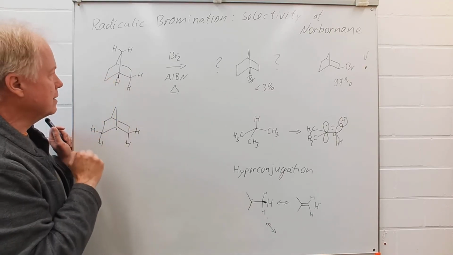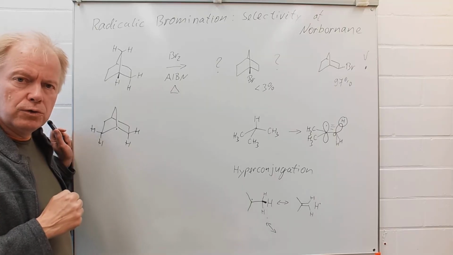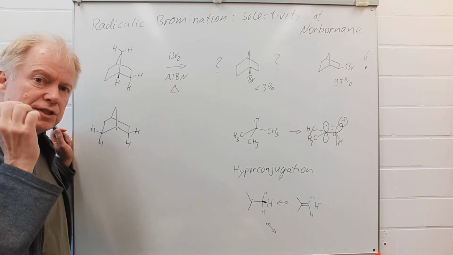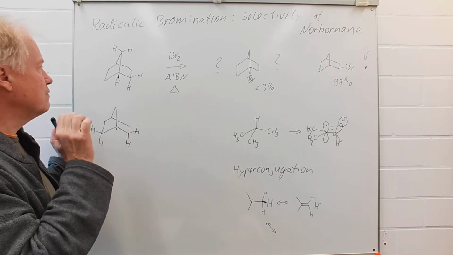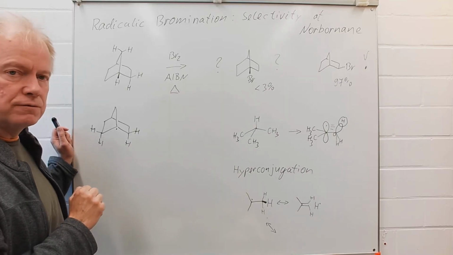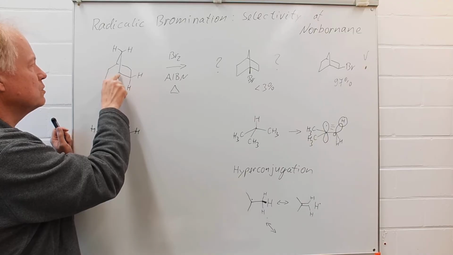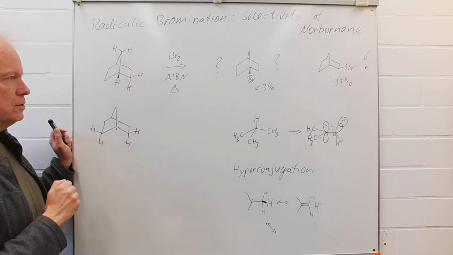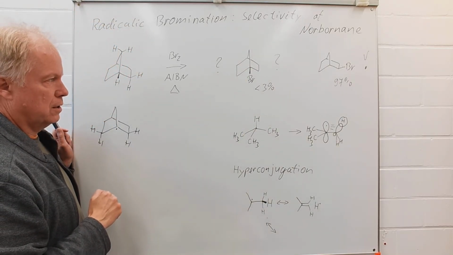It's a bicyclic hydrocarbon, and since we know the rule that in radical reactions tertiary CH bonds are by far the most reactive, we would anticipate that the radical bromination will take place at those bridgehead carbons. Well, this would be the anticipated product.